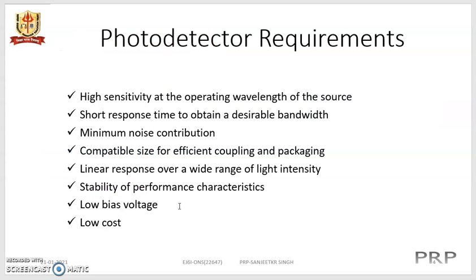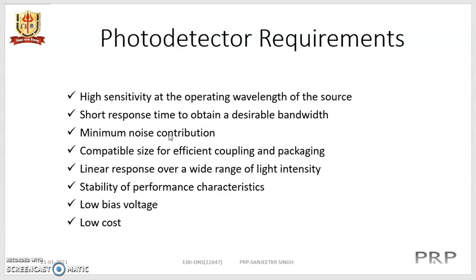Now there are some basic requirements of photodetectors in order to be used in fiber optic communication. High sensitivity at the operating wavelength of the source is expected, and shorter response time to obtain a desirable bandwidth.